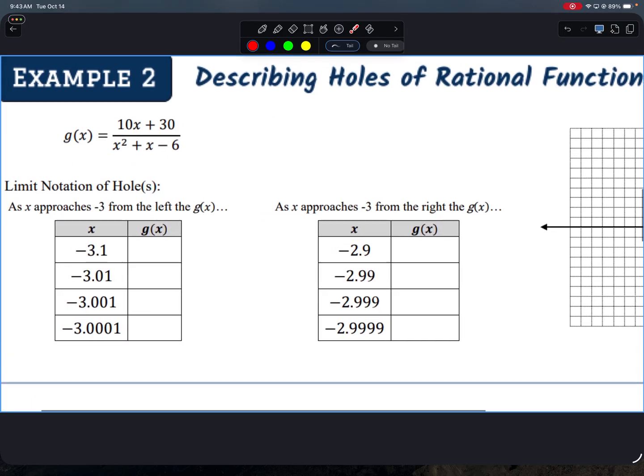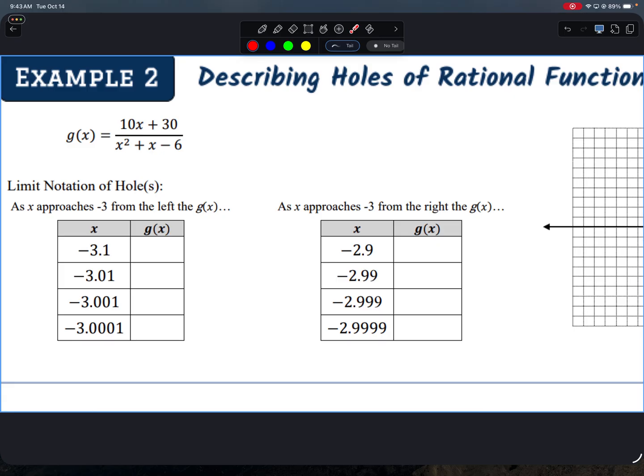Okay. So here, before we do anything, one thing I could do is factor. So on top, what could I factor out of the top? A 10. So this is equal to 10 times what?